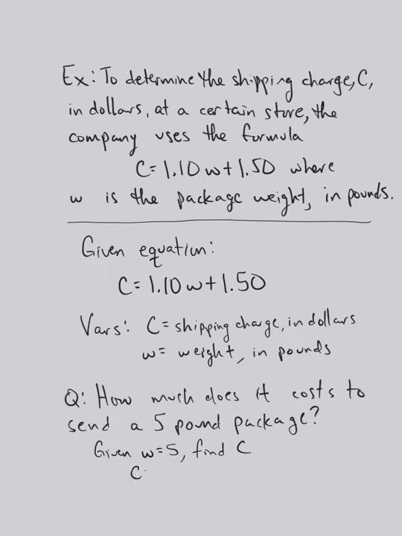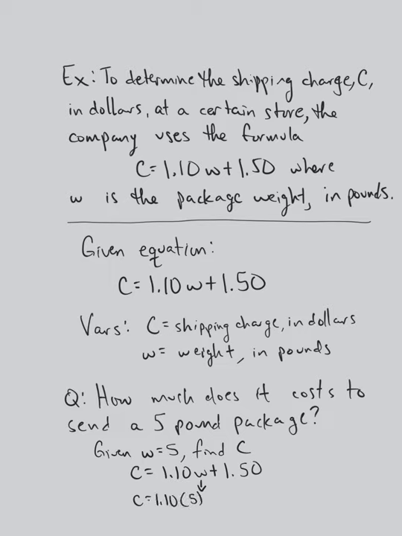So we just take our equation, C equals 1.10W plus 1.50. By the way, if you're wondering why I'm writing those zeros at the end, it's because the charge is in dollars. To do the actual calculation, you don't need those zeros there. We're given that W is equal to 5, so we're going to fill in 5 for that W. So we get 1.10 times 5.